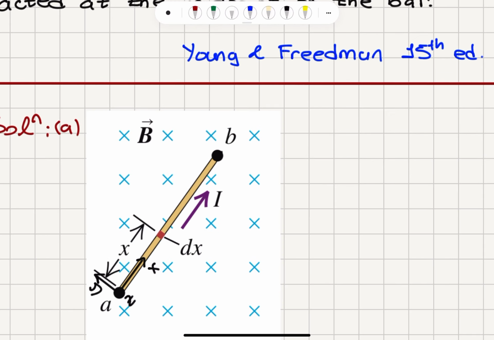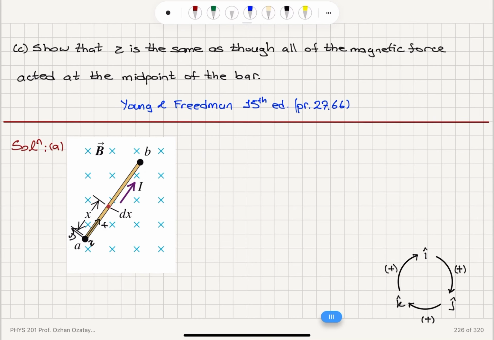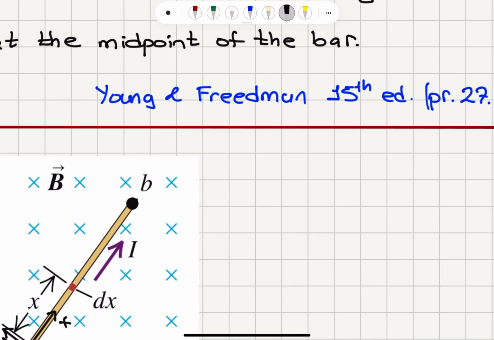Okay, so let's put our x-axis here, y-axis here, so that the z-axis is coming out of the page, and our infinitesimal section has a width dx and it's at a distance x from point A. So if I write the force acting on it, I can first of all note that the dl vector here, because the current is in plus i hat direction, is the width dx in i hat direction.